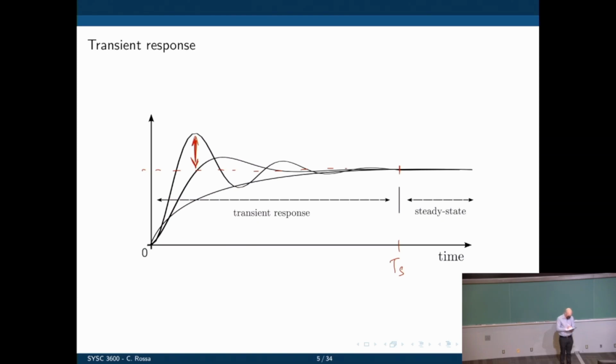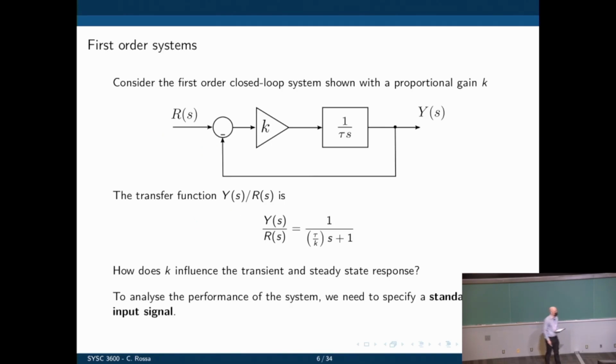How much time does it take to first reach the steady state level? And what is this peak time, for example, where does it occur and how much is it? All these measures of performance are something that we can now determine and derive as a function of omega n and zeta, the damping ratio and natural frequency. So let's jump right into it.